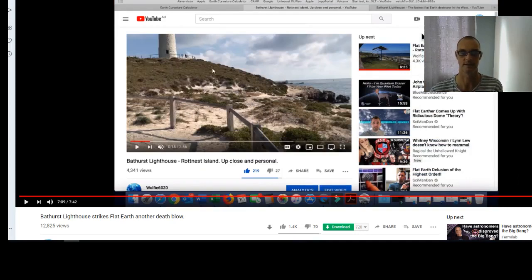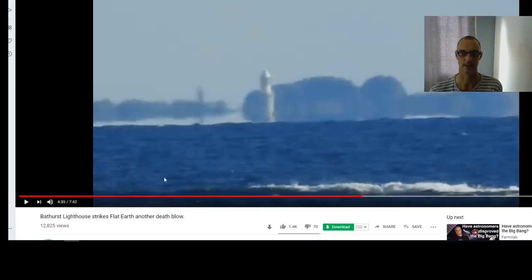Obviously this is being viewed from 26 kilometers away, and what are we getting? We're getting a lot of mirroring. You can see everything's being mirrored here. You've got this object and the land being mirrored, and then you have the sky being mirrored in at the horizon here. So let's go and have a look at what this actually is.